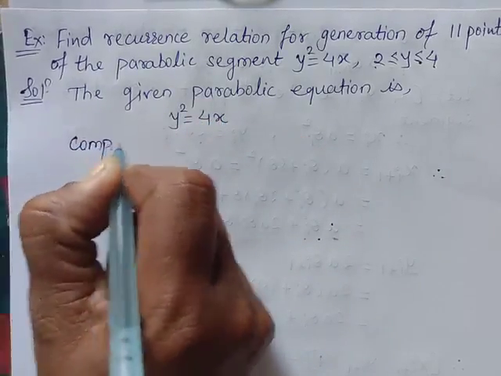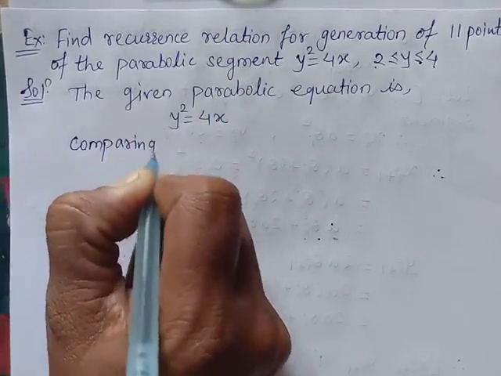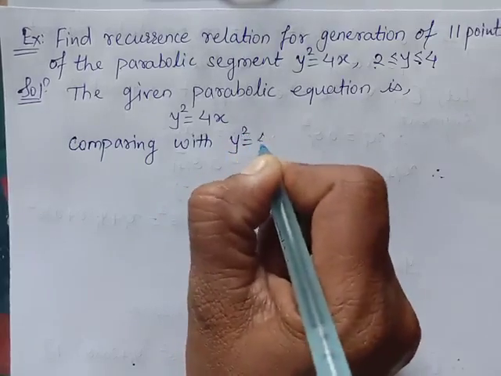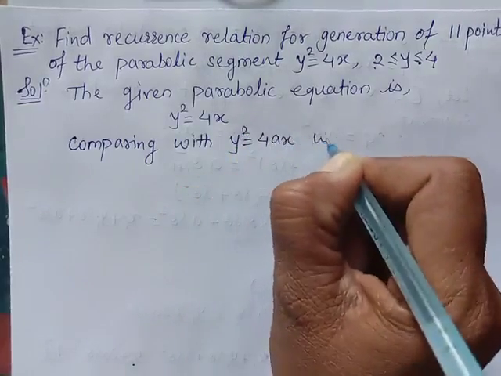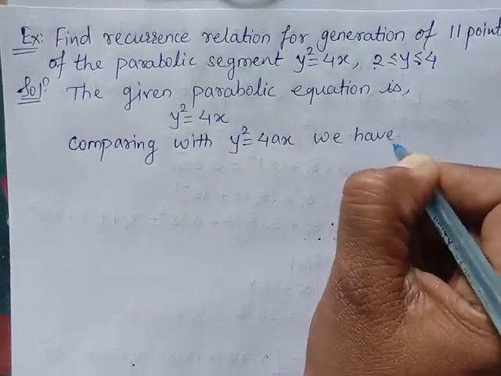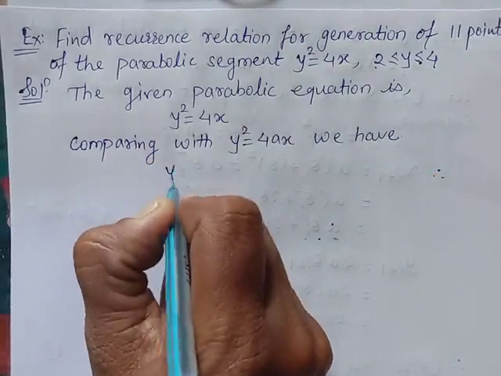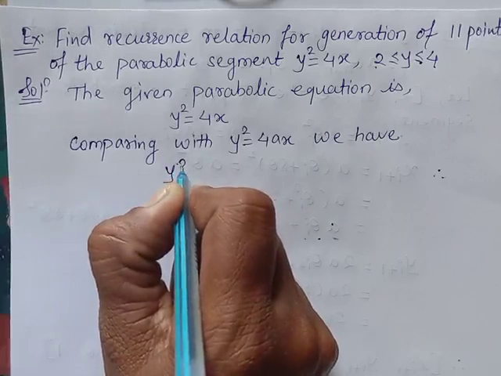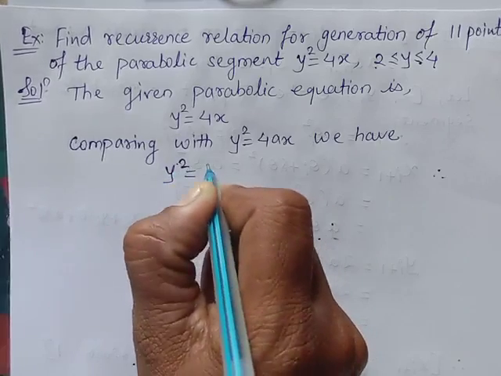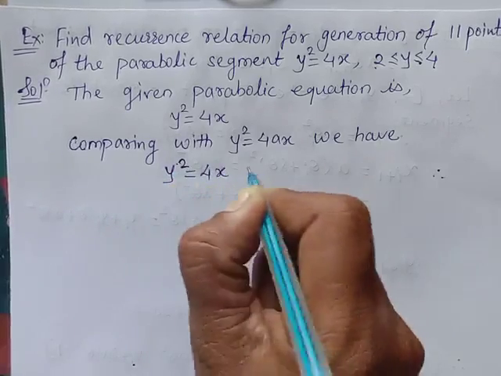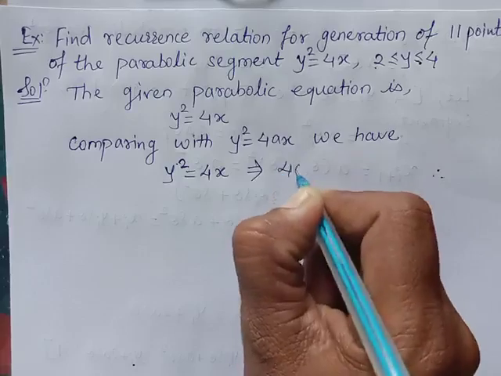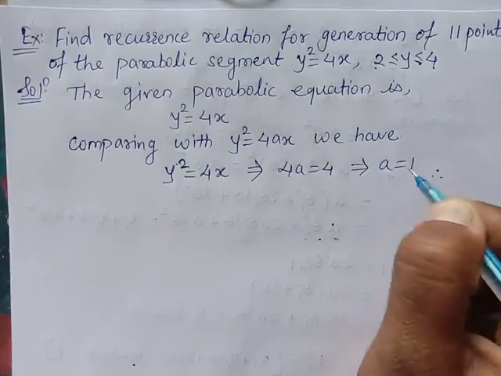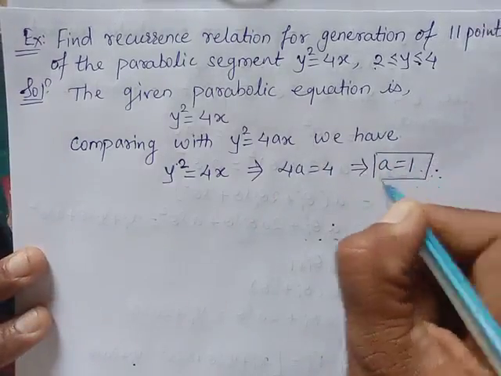Comparing with y square equal to 4ax, we have 4a equal to 4, that is a is equal to 1. Okay, this one we get.